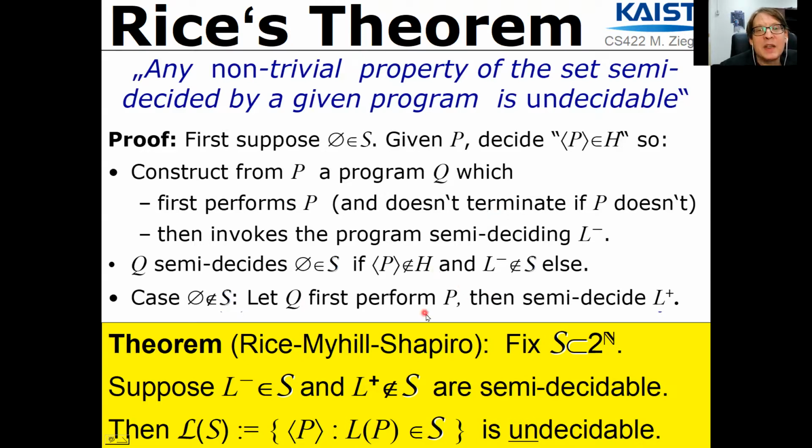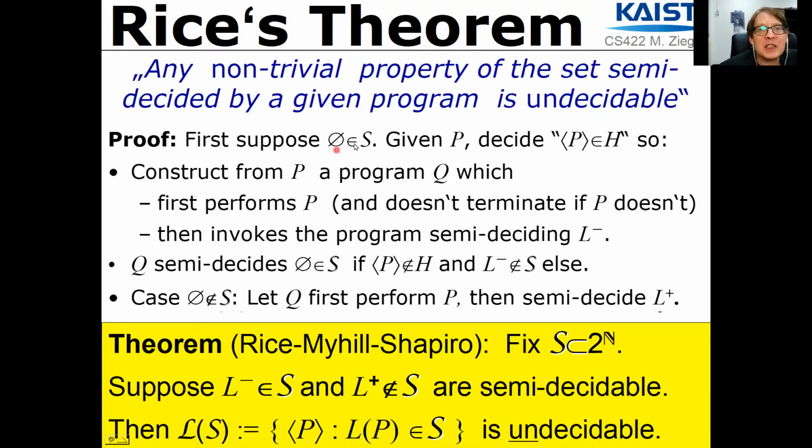If P does not terminate, then that still means Q semi-decides the empty set, which is now not in S. Whereas if P terminates, then we make Q after termination invoke the program semi-deciding the other subset L plus, which now, in this case, does belong to S. So again, by being able to distinguish whether Q semi-decides the empty set or L plus, one can also decide whether the given program P terminates or not, which is the halting problem, and again a contradiction.